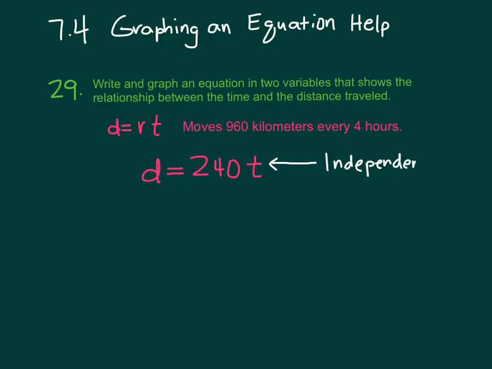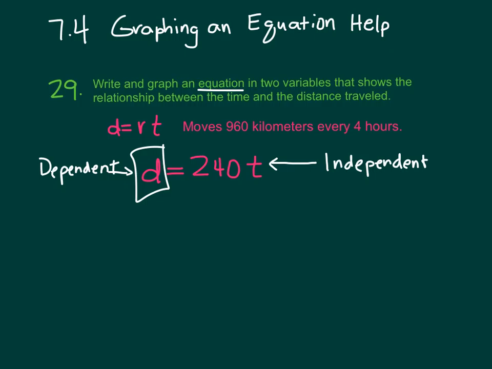I can change that. And my D for distance is my dependent variable because that's the one that depends on what the actual time is in order to be an answer. Remember, it's always the one after my equal sign, all by itself. Now I'm going to remember my steps when I'm filling out my table, because my equation's taken care of. I've got D equals 240 times T.